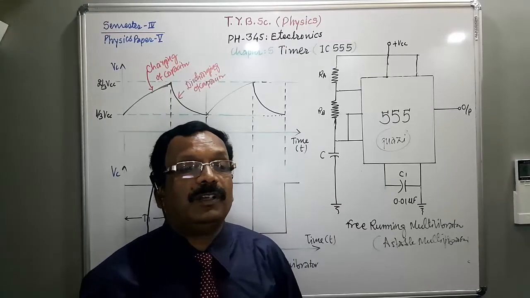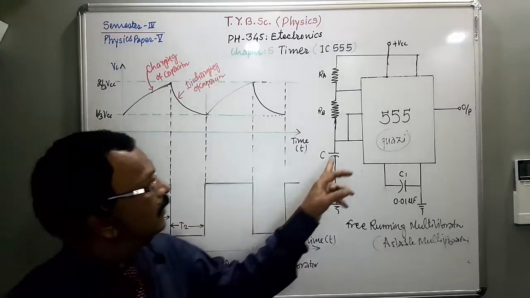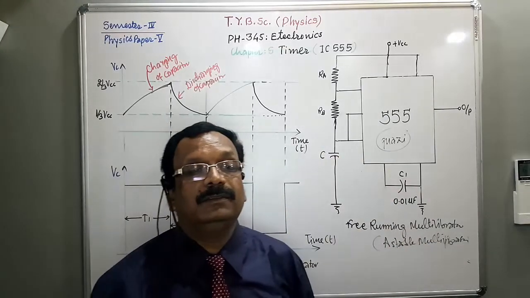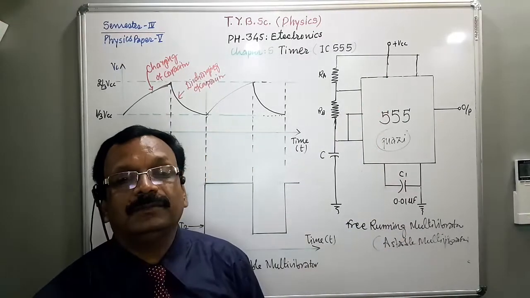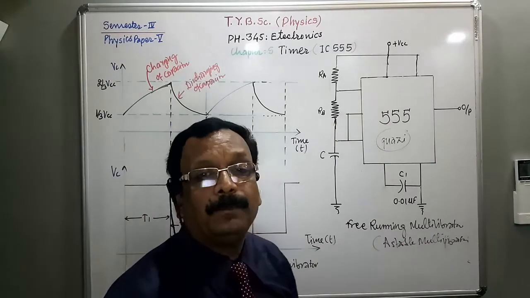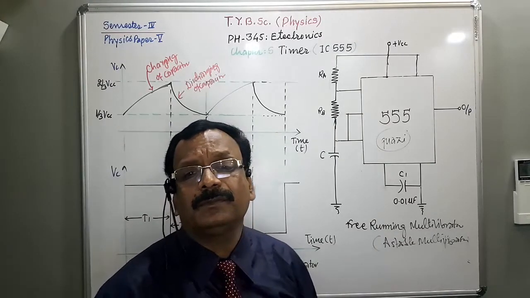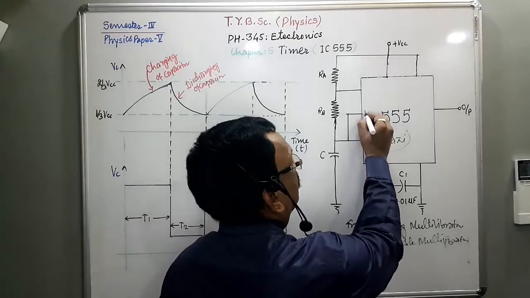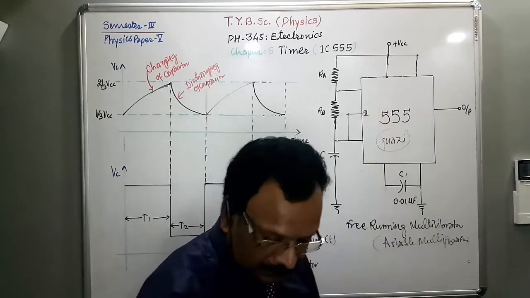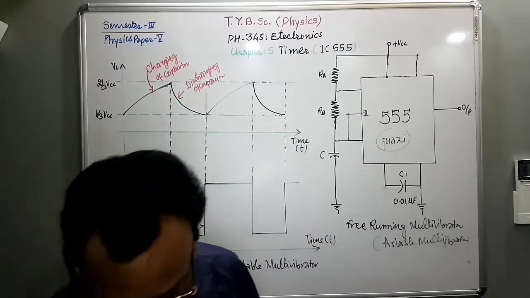The trigger terminal is connected to the threshold terminal, that is pin number 2. As we have studied this in the chapter.